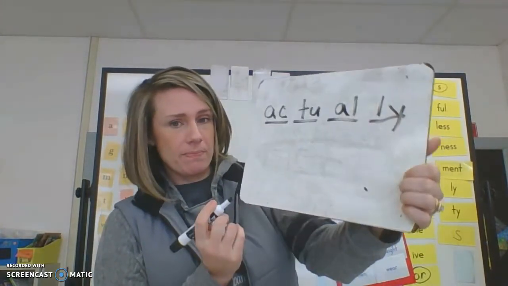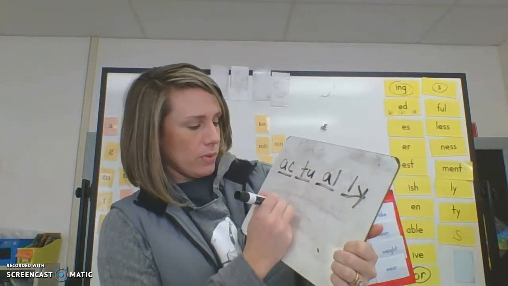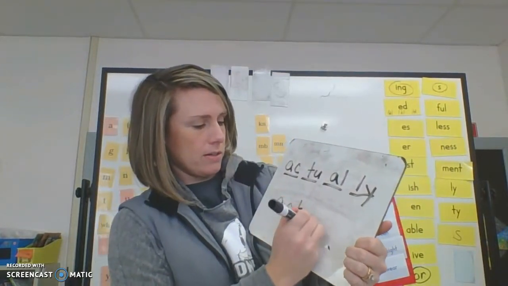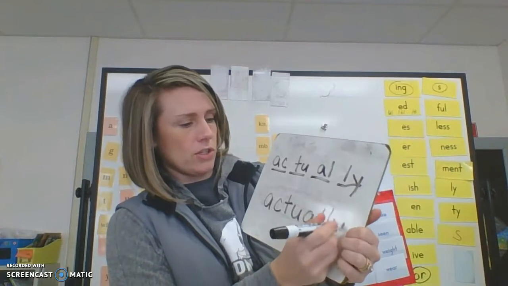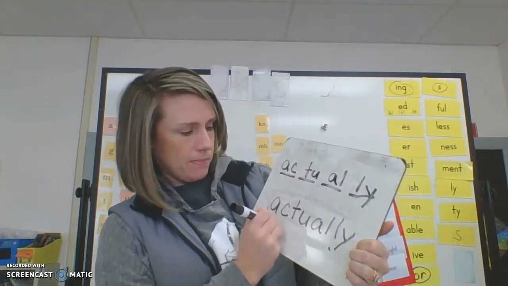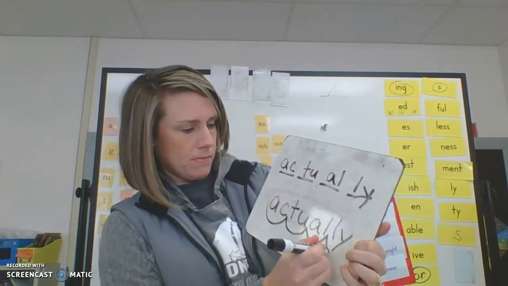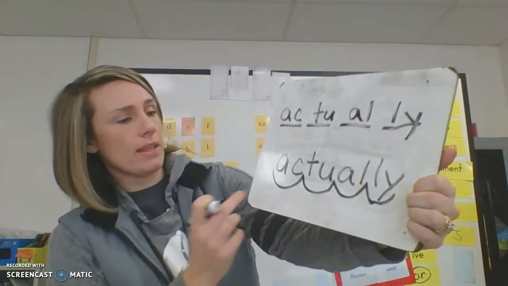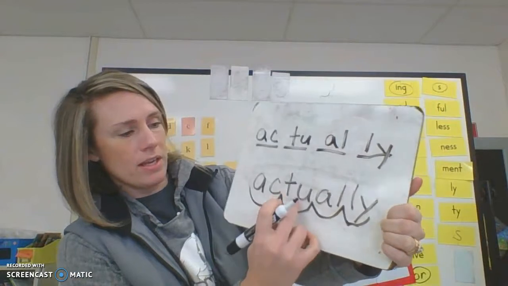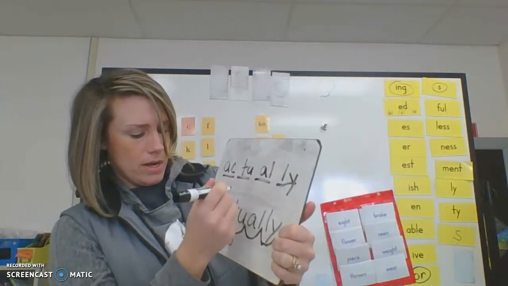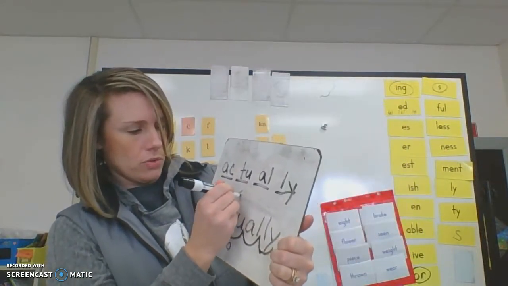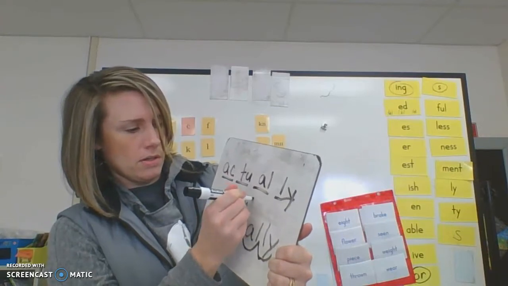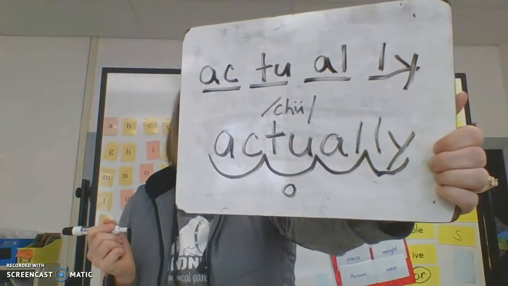What do you notice? I'm going to rewrite the word down here and just scoop the syllables. Okay, what kind of things did you notice? Yeah, we've got this open syllable here that says chew. So I'll write that up above, the chew sound. What else is going on in this word?